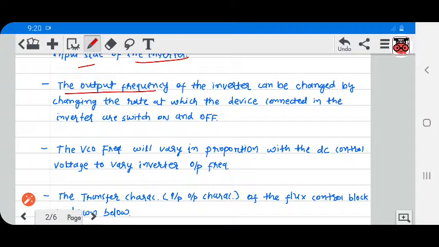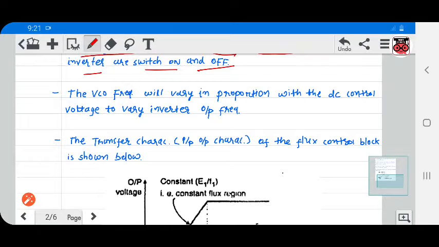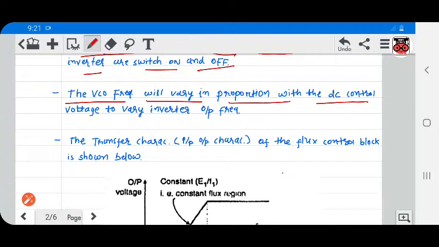The output frequency of the inverter can be changed by changing the rate at which the devices connected in the inverter are switched on and off. The VCO frequency will vary in proportion with the DC control voltage to vary the inverter output frequency.